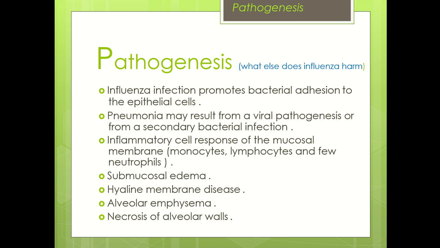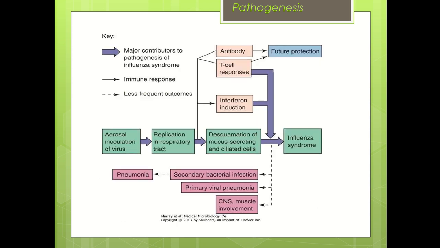On the mucosal membrane, we can see a recruitment of monocytes, lymphocytes, and few neutrophils. Submucosal edema, there is thickening of the submucosa, and there can be hyaline membrane disease, alveolar emphysema, and necrosis of the alveolar walls, that is, cell death of the respiratory alveolar walls.